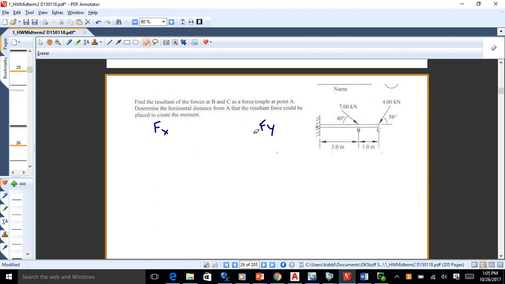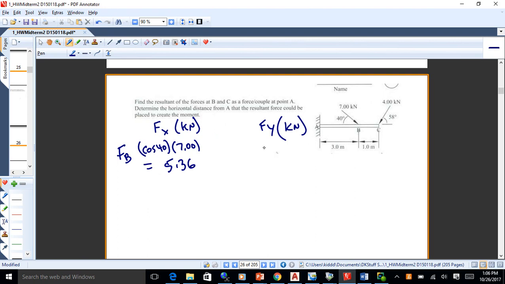There we go. If you've got that first force, Fb, it's just the usual trig thing. So you got cosine of 40 times 7. And these units are kilonewtons, so I'll just put the units up there. And when you run that, you'll get 5.36.